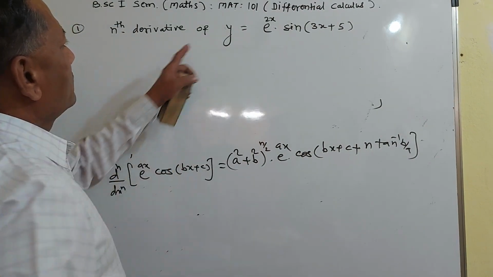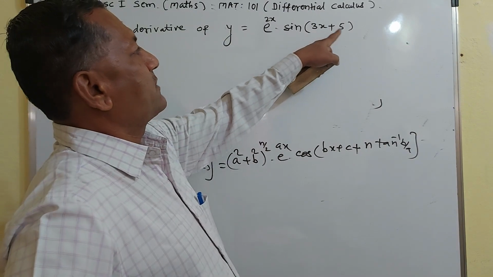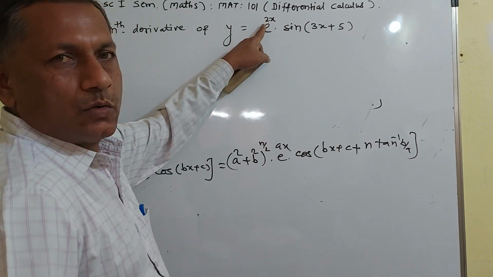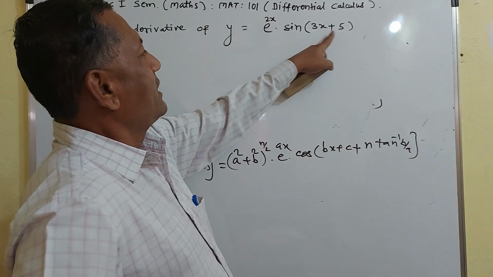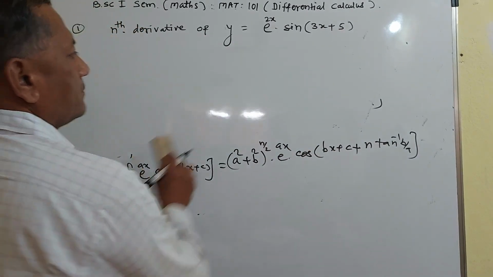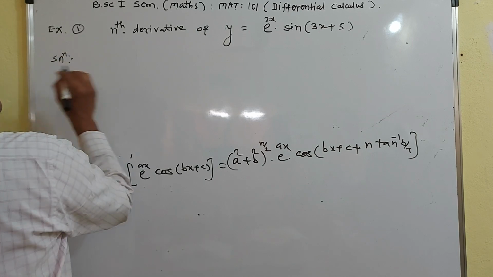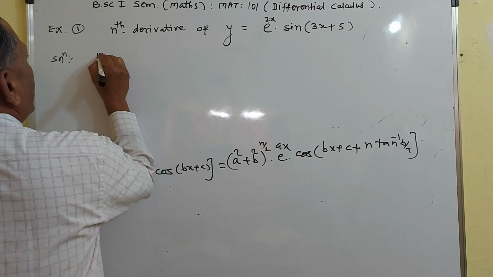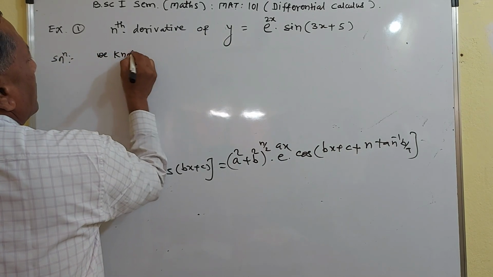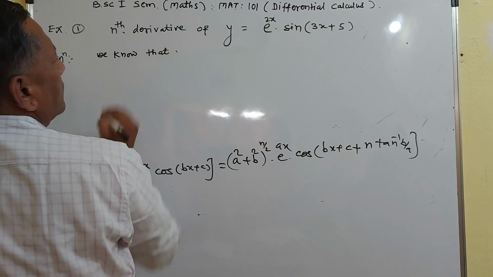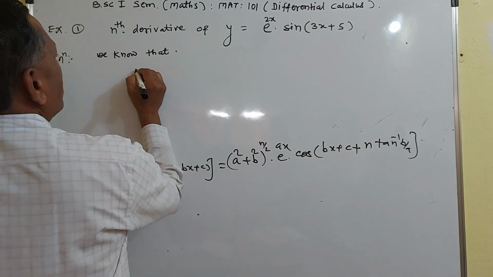You compare with y is equal to e raised to ax into sin of bx plus c. You have a is equal to 2, b is 3 and c is 5. We know that, so you write the first formula.